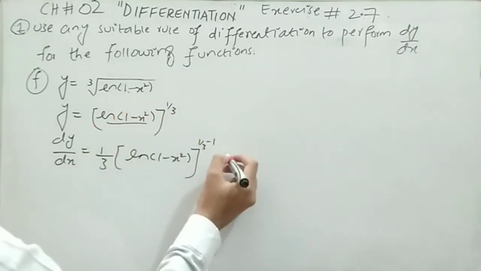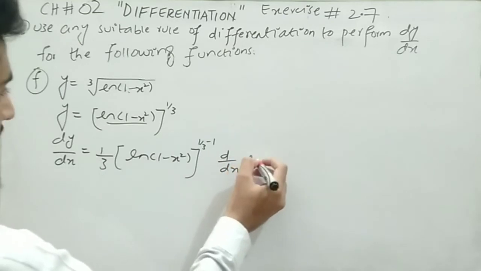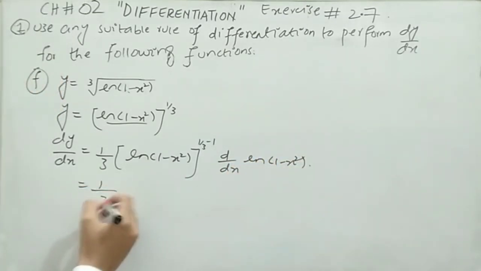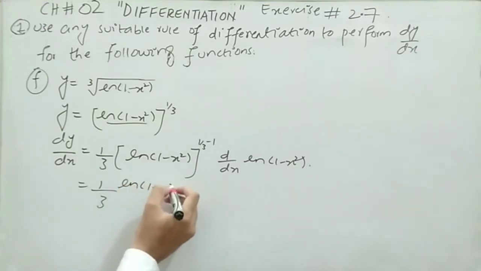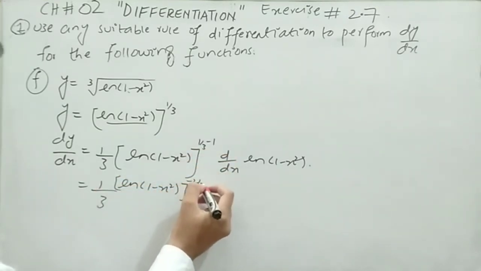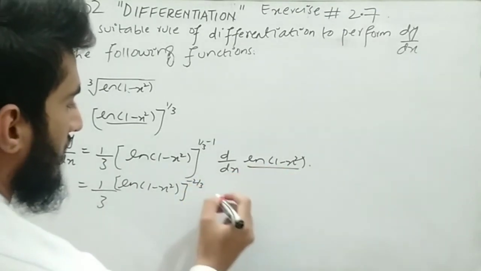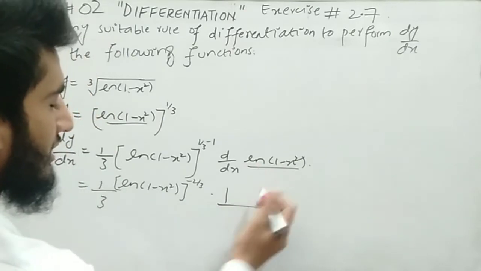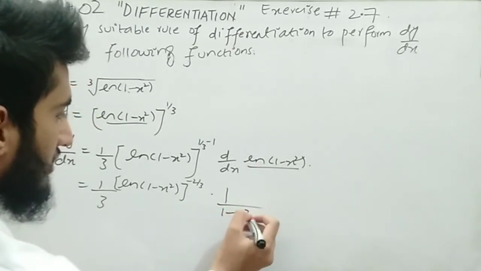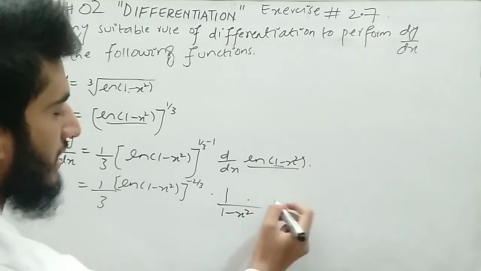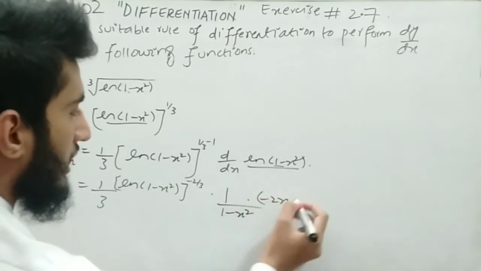Also take the derivative of this inner function, d by dx of ln of 1 minus x square. So it becomes 1 over 3 ln of 1 minus x square whole raised to the power 1 over 3 minus 1, which gives us minus 2 over 3. The derivative of ln of x was 1 over x, so for ln of 1 minus x square it will be 1 over 1 minus x square, and for the derivative of the inner function, the derivative of 1 is 0 and the derivative of negative x square is minus 2x.